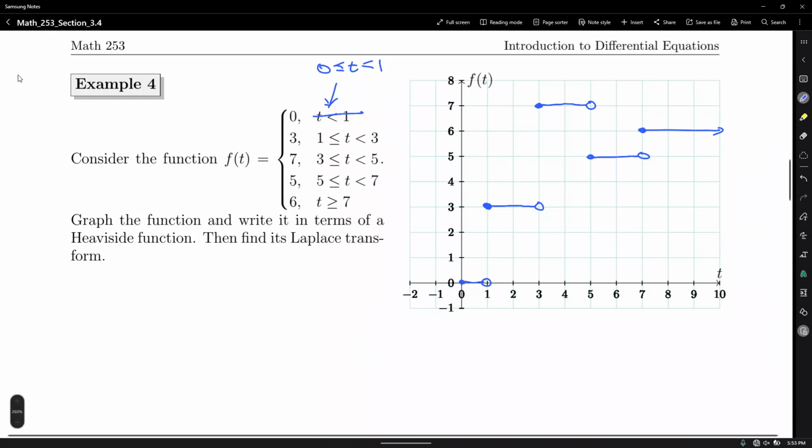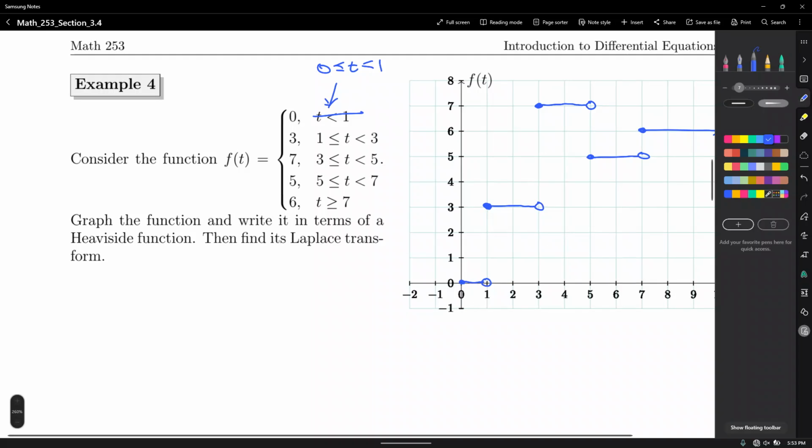Okay, let's write its corresponding Heaviside function. We cannot just take the transform of 0, the transform of 3. No, that's not how it works. So at 1, let's identify the different values of t where we have a jump, whether we gain something or we lose something.